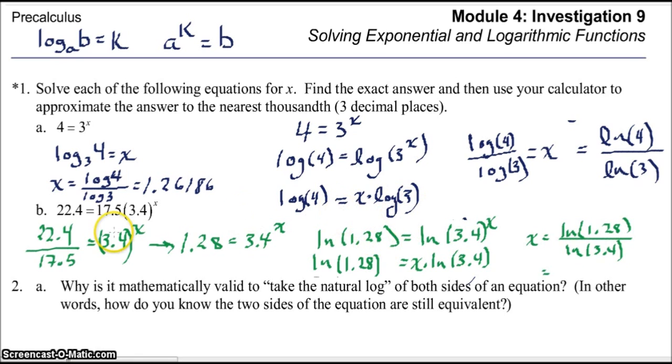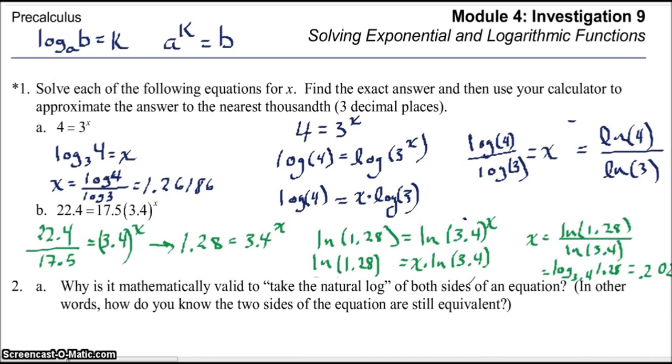You could have also taken this expression and just converted it to log form. That's log base 3.4 of 1.28. In either case, you'll get the same answer, something close to 0.202.